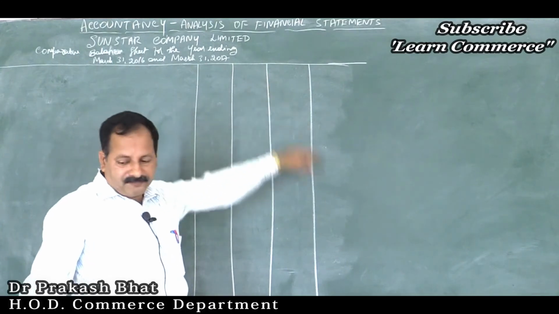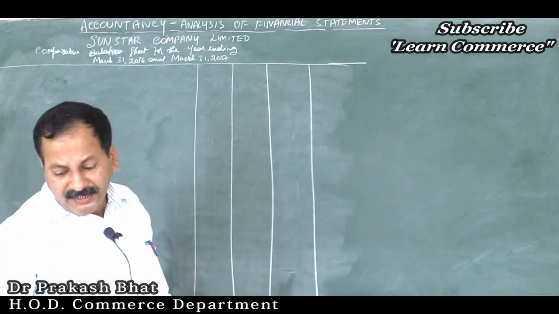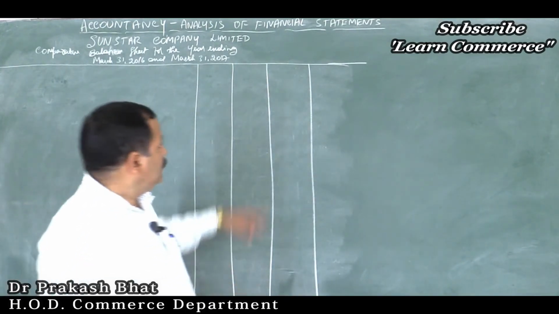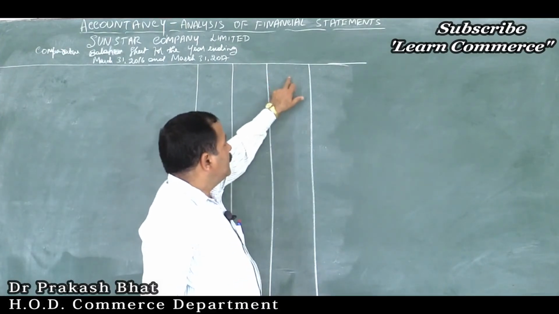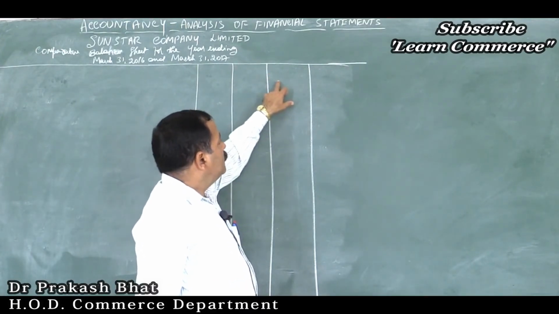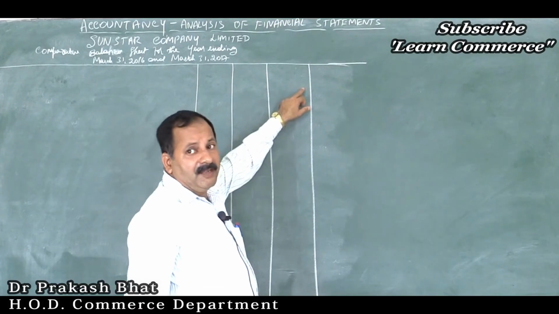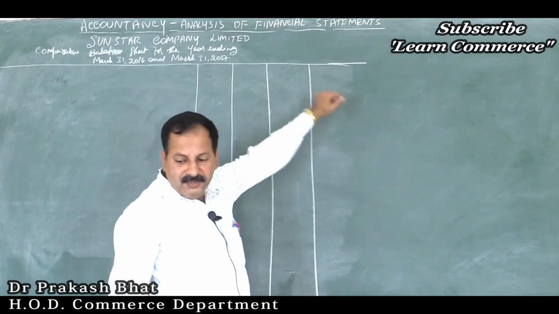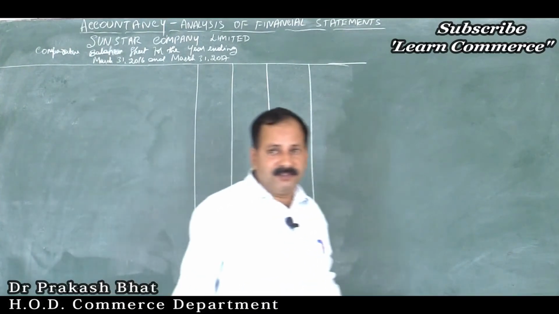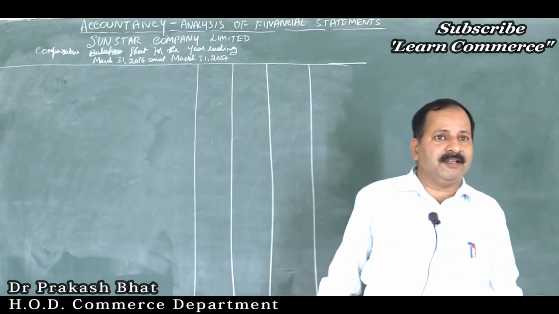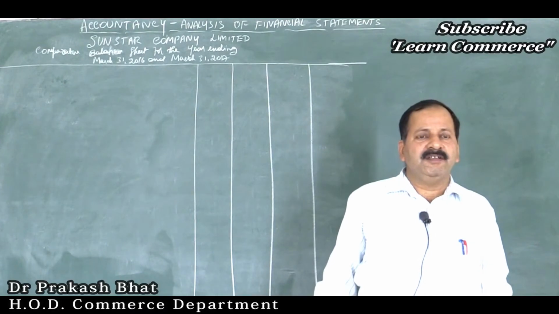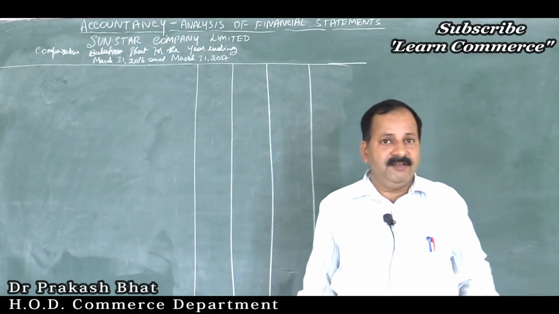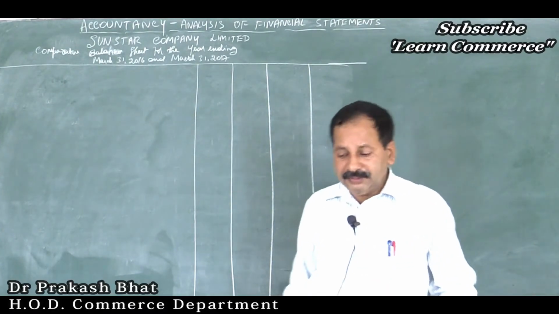Then absolute increase plus within bracket or decrease minus, and percentage increase or decrease. Increase plus and decrease minus, right? Yes, that's all. That's what you have to do here.